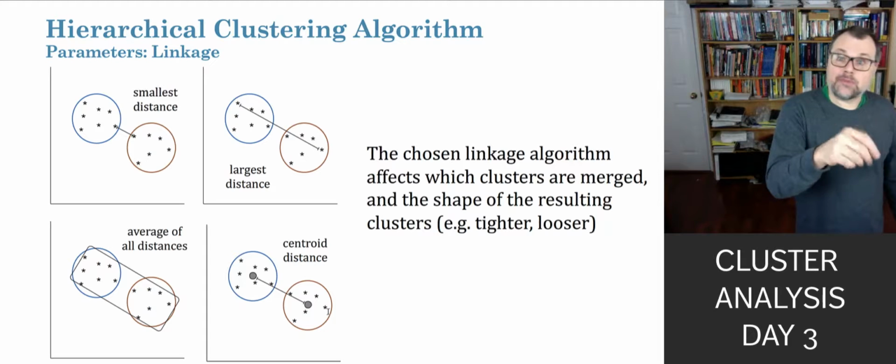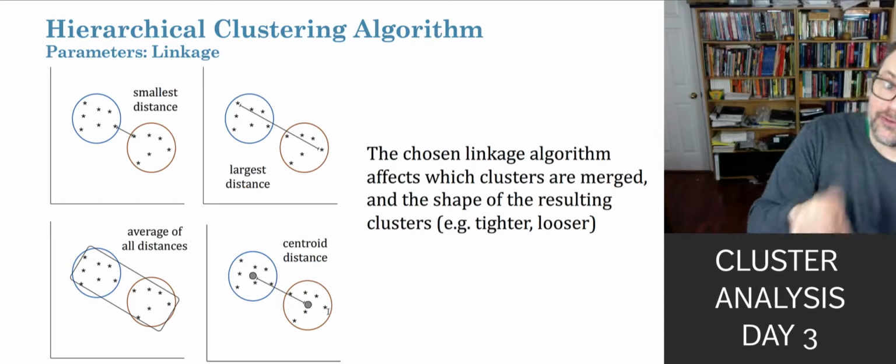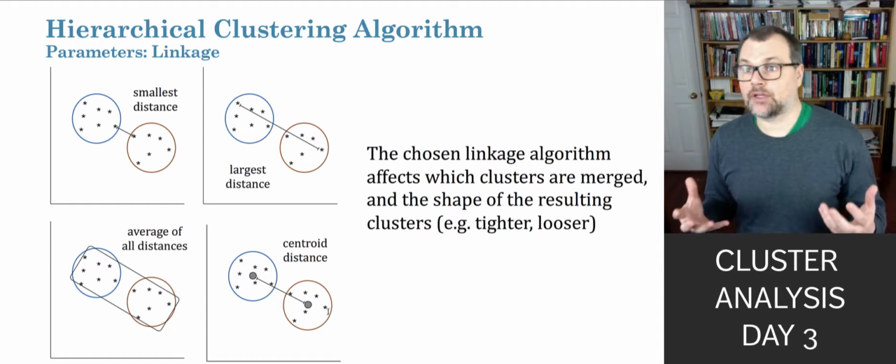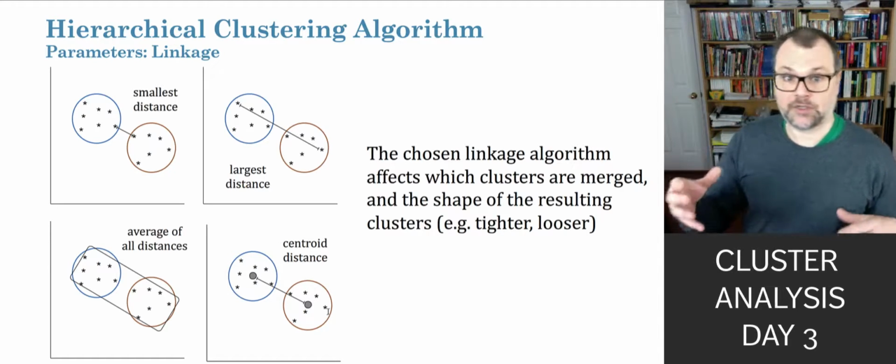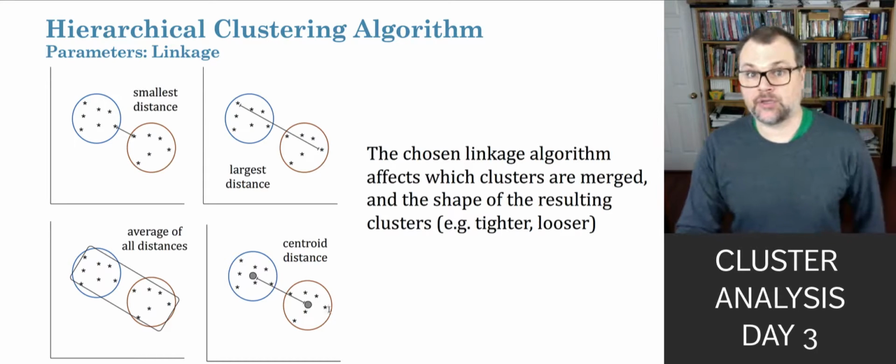And the algorithm that you pick here for linkage, that's going to affect the shape of the clusters that you get. You might get clusters that are tighter or clusters that are looser based on the linkage that you've selected.